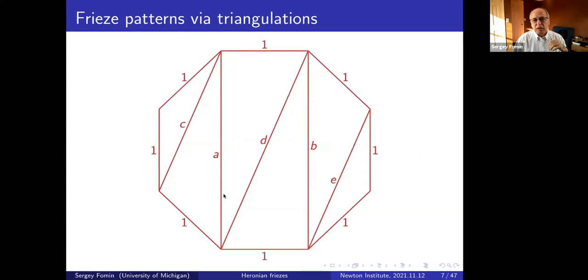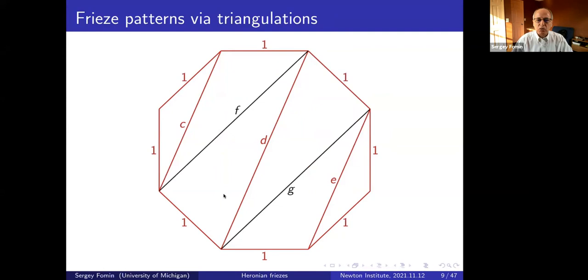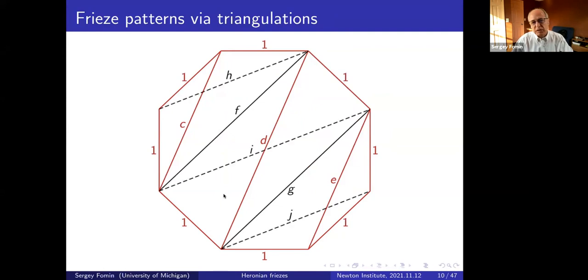So we can represent the initial data using this picture, and then they get evolved using these relations that I mentioned, the SL2 relations, which become the Ptolemy relation. And so we compute f and g, and then the same way we compute g, h, i, and so forth.